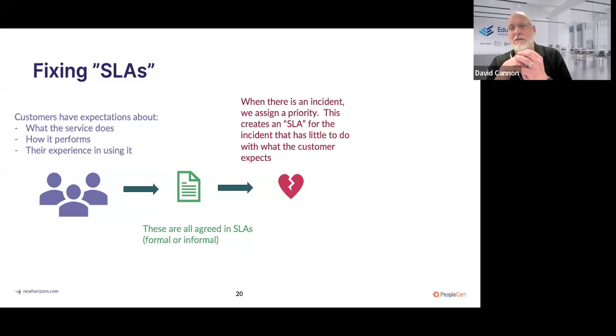Is that what you've documented in the SLA field? No, you've just documented a resolution time. Anybody else who looks at that incident record from then onwards, all they're going to see is the target resolution time. They're not going to see what the impact of that is on that particular service for that particular customer.